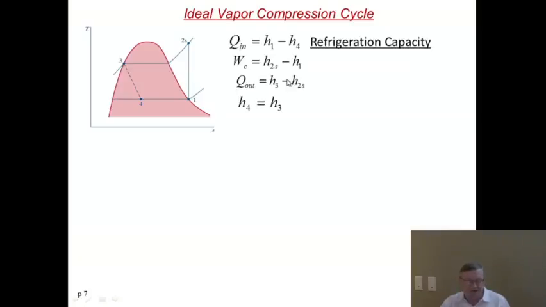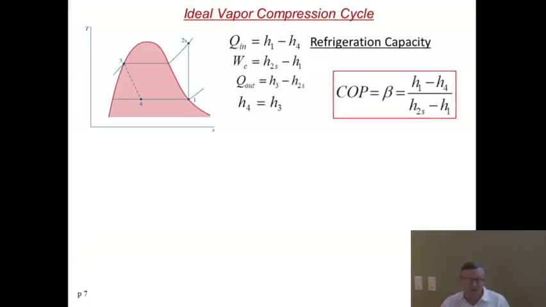And then this useless valve, basically the throttle, is H4 equals H3. But you need it because you need the pressure drop. So the COP from these four is H1 minus H4 over H2 minus H1, H2 or H2S, because for the moment we have only considered our compressor to be an isentropic one.